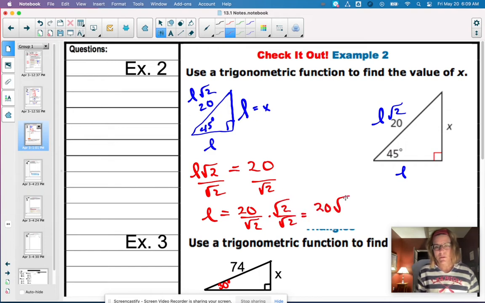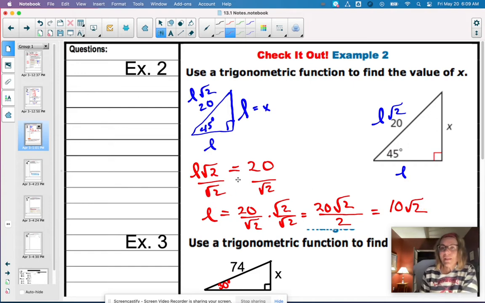So we have 20 root 2 over 2 because 2 times 2 is 4 and the square root of 4 is 2. 20 divided by 2 is now 10 root 2. So we found L, and we know that L is equal to X, so our answer is just going to be 10 root 2 right here.